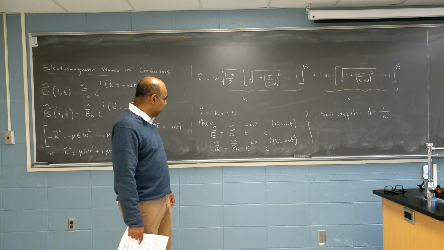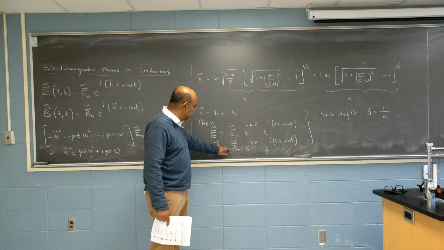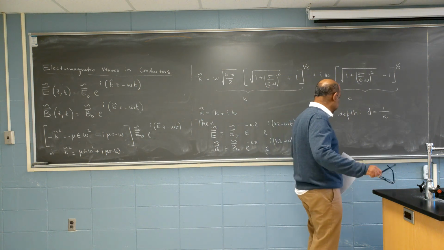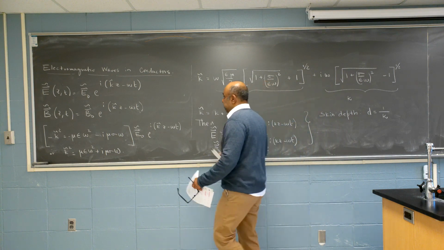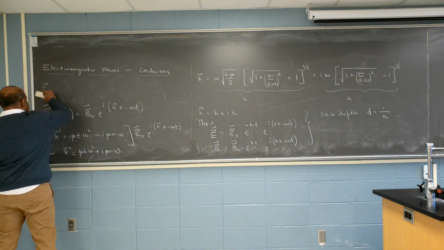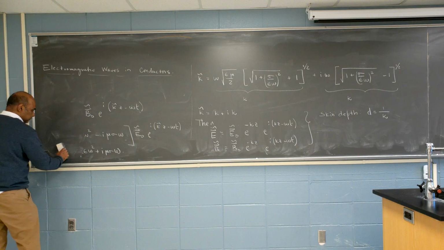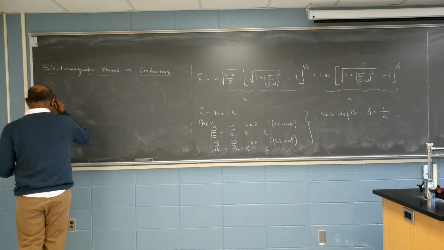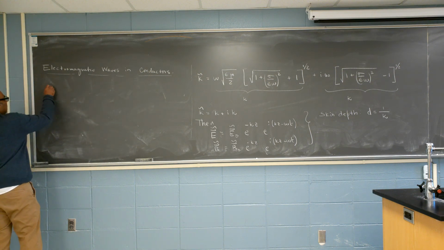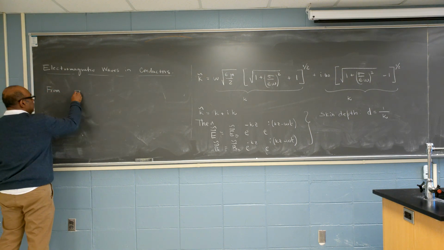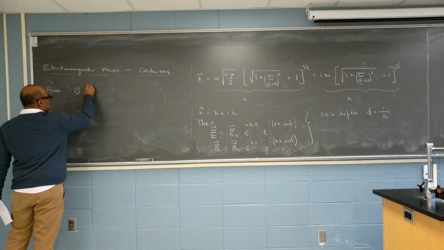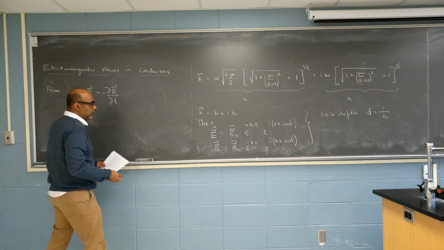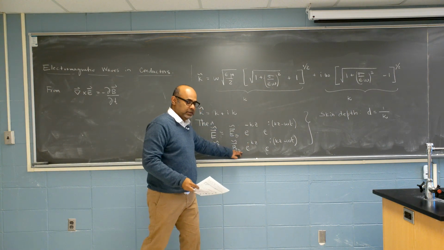And this doesn't quite give you the relationship between E0 and B0. It's the same kind of relationship that we have that applies. So from Faraday's equations, from del cross E equals minus dB dt, you compare this and this.